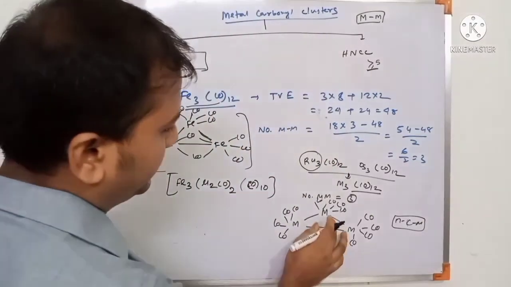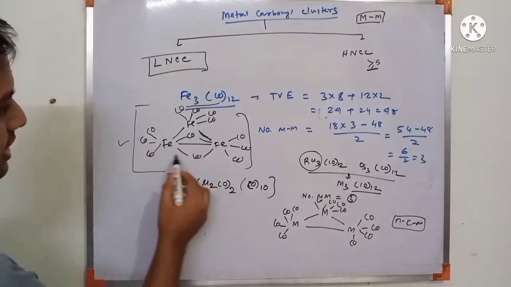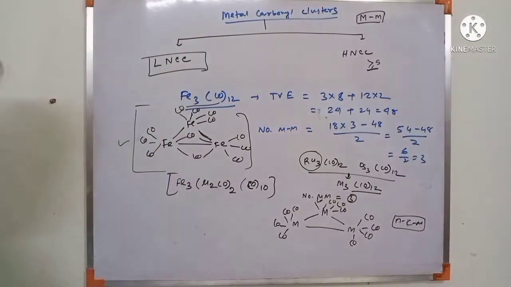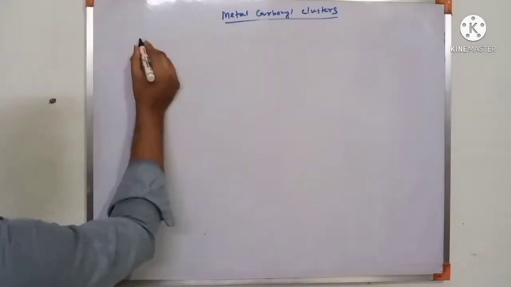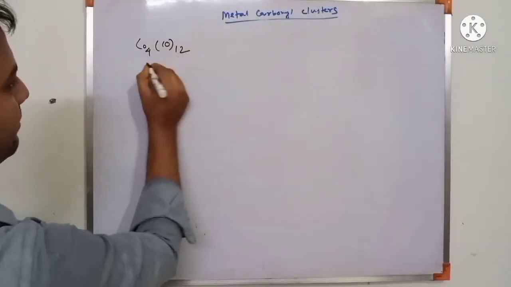So there is no bridging ligand present in ruthenium and osmium, but iron has small size, so metal-carbon bonds are bridging.